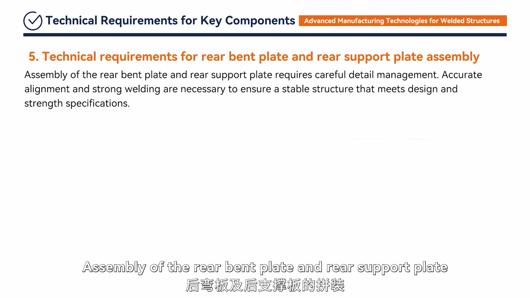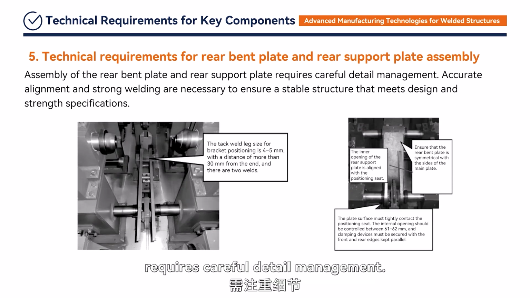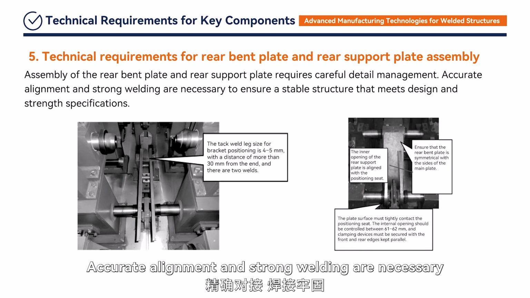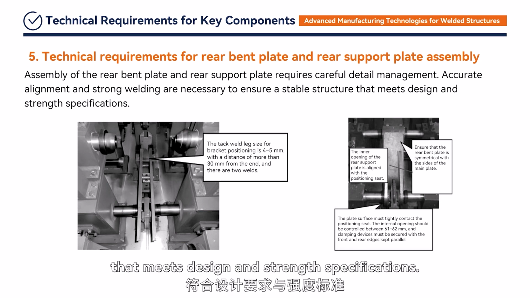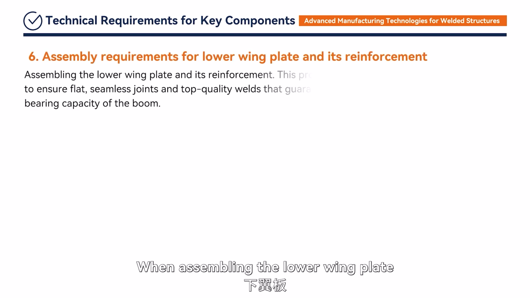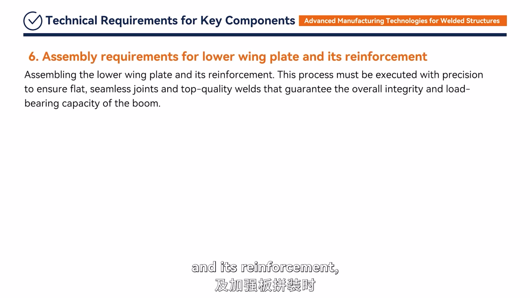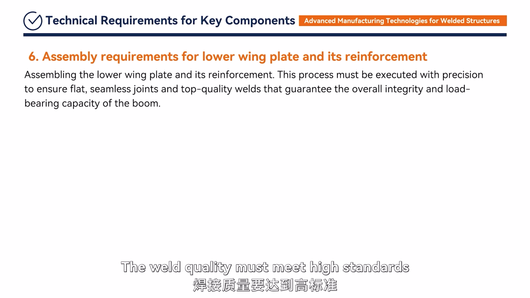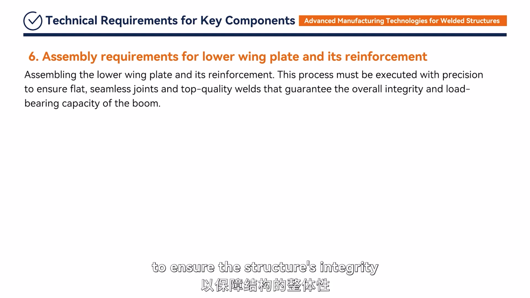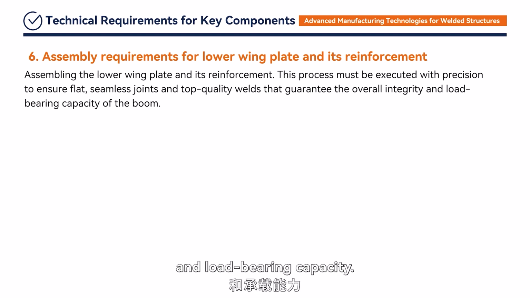Assembly of the rear bent plate and rear support plate requires careful detail management. Accurate alignment and strong welding are necessary to ensure a stable structure that meets design and strength specifications. When assembling the lower wing plate and its reinforcement, the connection areas must be flat and seamless. The weld quality must meet high standards to ensure the structure's integrity and load-bearing capacity.